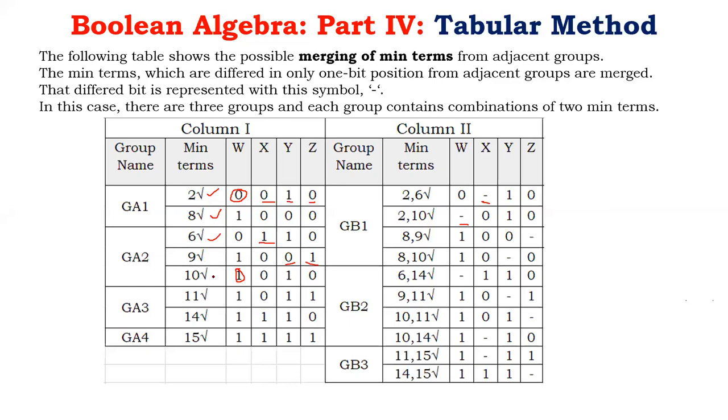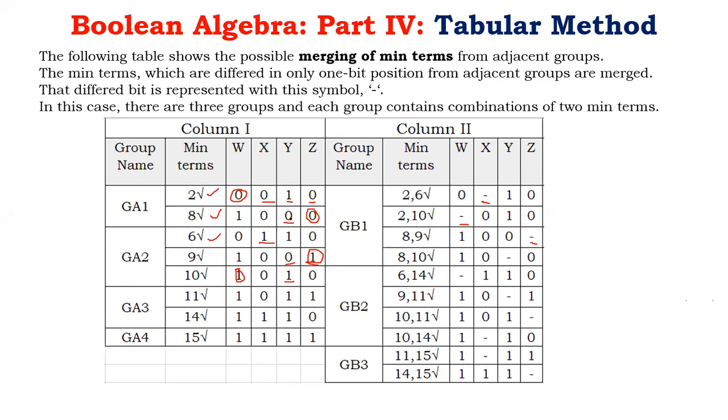8 and 10, there is a 2 bit position change. So 8 and 9 only. 8 and 9, there is only 1 bit position change, that is 1 and 0. Okay, so then we will write 1, 0, 0, dash. Similarly for 8 and 10, only this position is changed.